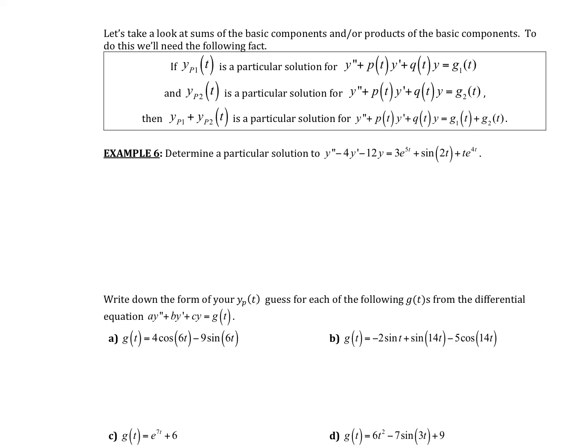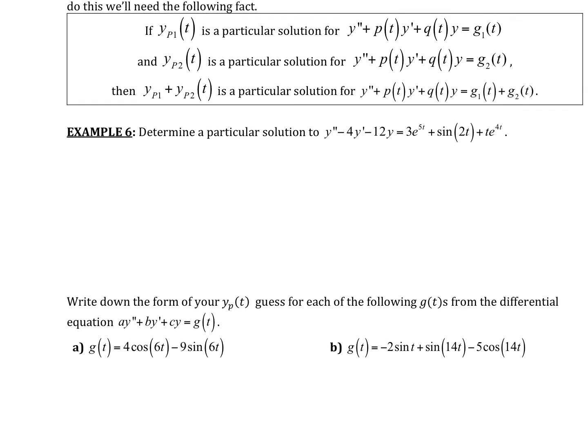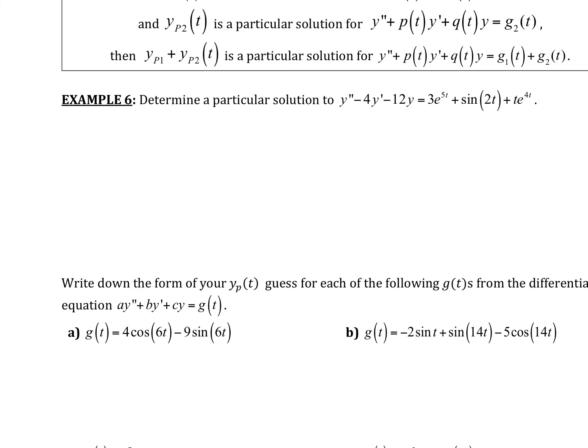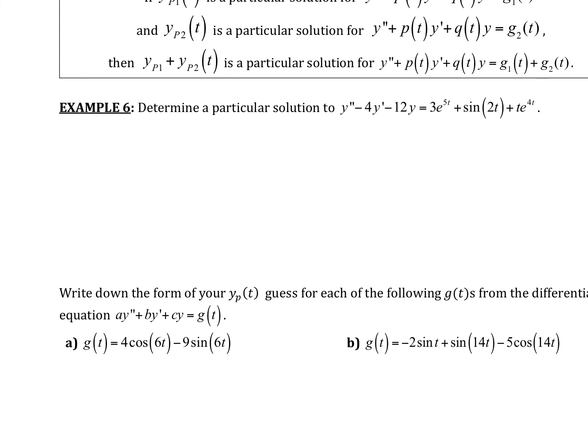Okay? So don't panic about this example we're about to do, because you've done it all before. If you look back at your notes, you will see that we already did this y double prime minus 4y prime minus 12y. We have found that one several times, right?